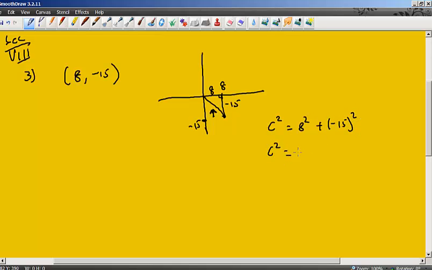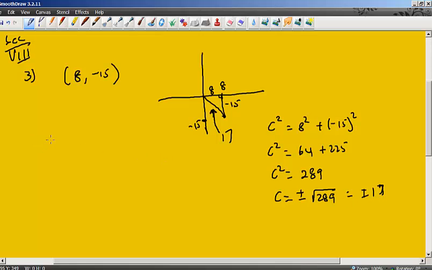So C squared is equal to 64 plus 225, so C squared is equal to 289. Then C is equal to plus or minus the square root of 289, which is plus or minus 17. Since this is the hypotenuse, it's going to be positive 17.